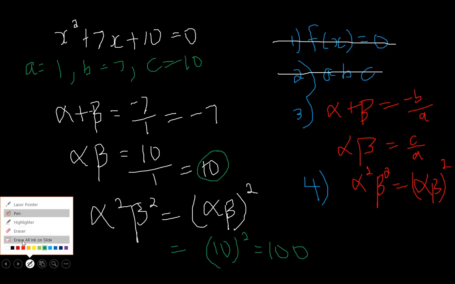One more question and then we go on. Okay. If I had the quadratic minus 22 is equal to x squared plus 5.